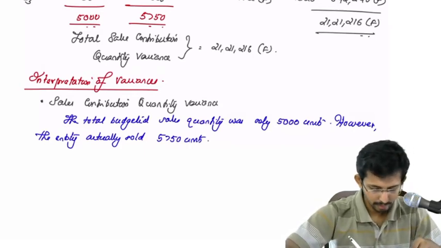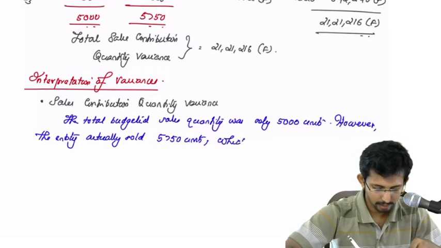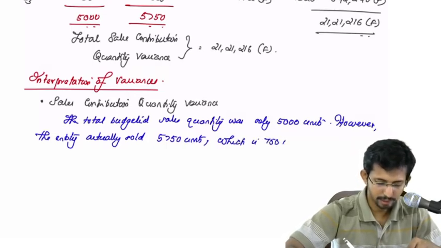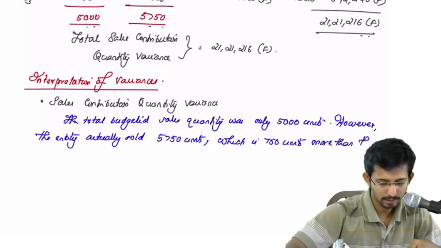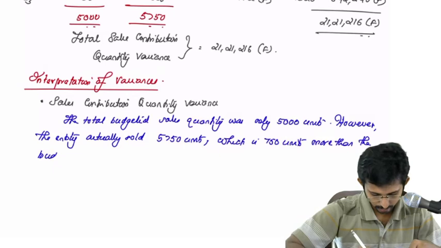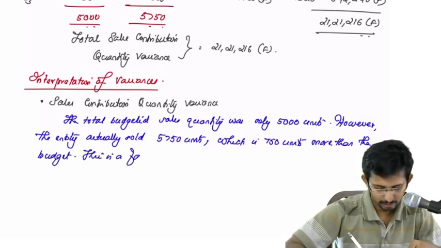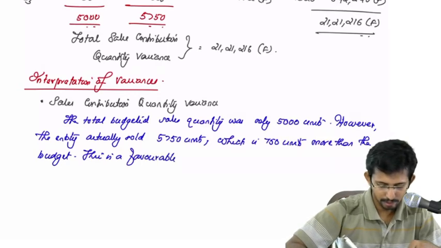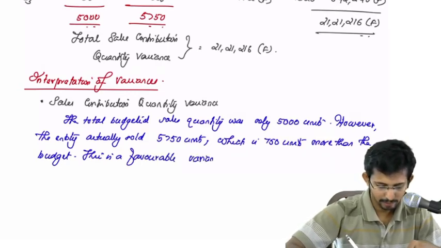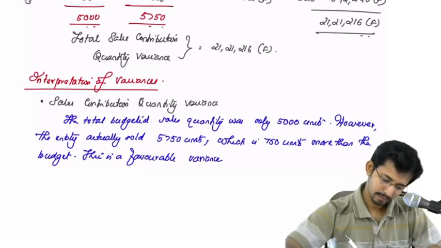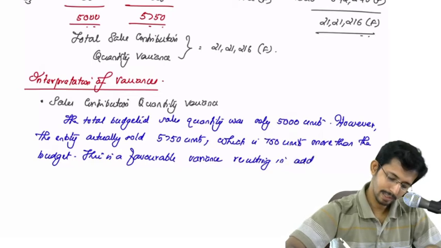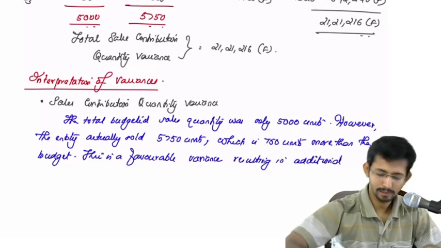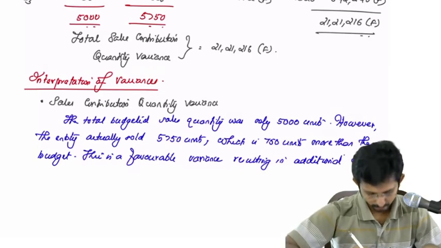Okay, which is 750 units more than the budget. This is a favorable variance resulting in additional sales contribution.